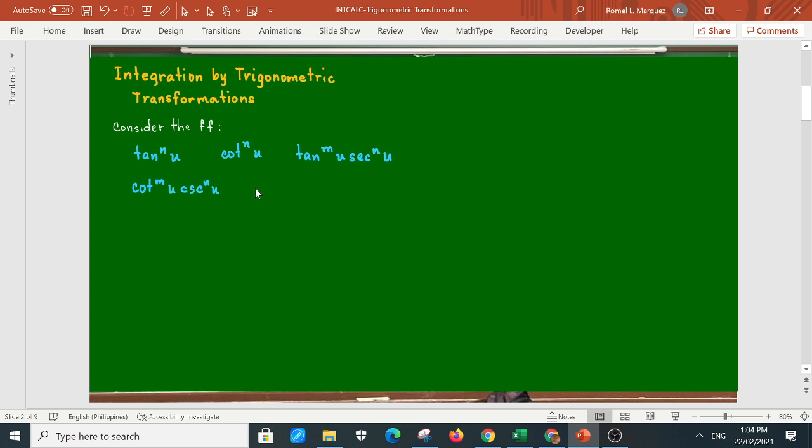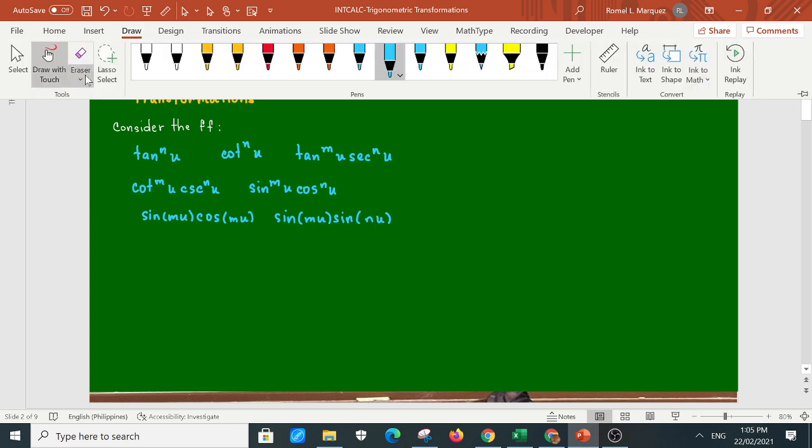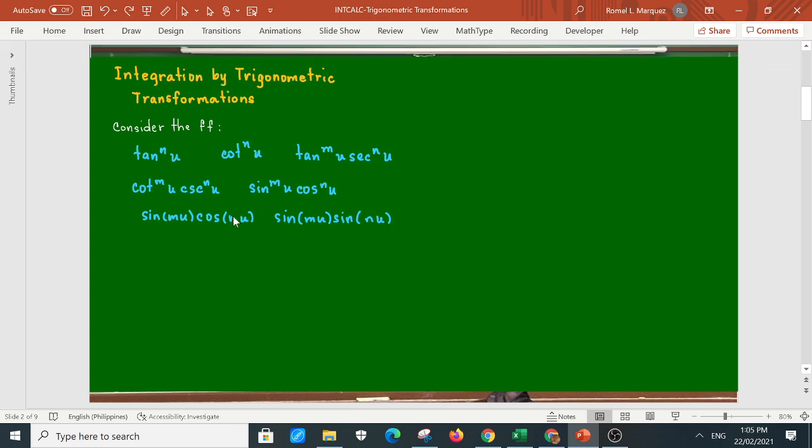And then also we have powers of sine and cosine, for instance sine to the m, cosine to the n, combinations of sine and cosine with the same argument, and also cosine of mu with cosine of nu.